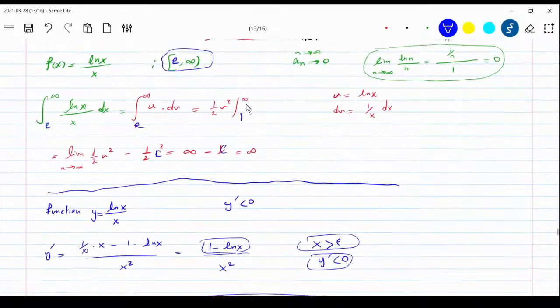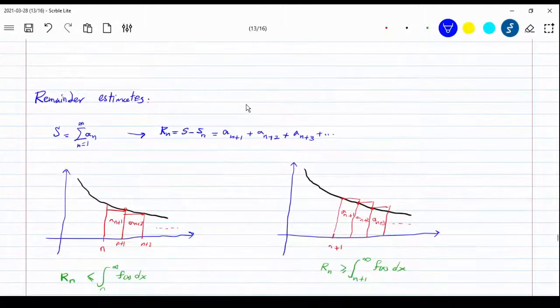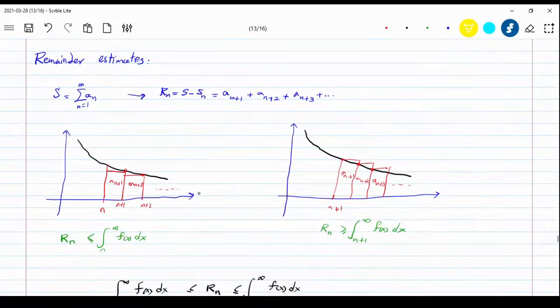Okay, so now if we use this idea, we can approximate or estimate the remainder of a series, or the tail of a series, just by looking at the leftover. So let's say we have a series a_n from 1 to infinity, and we only add up the first 20, 30 terms of that series.